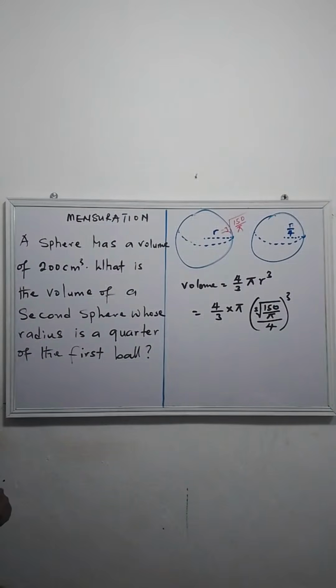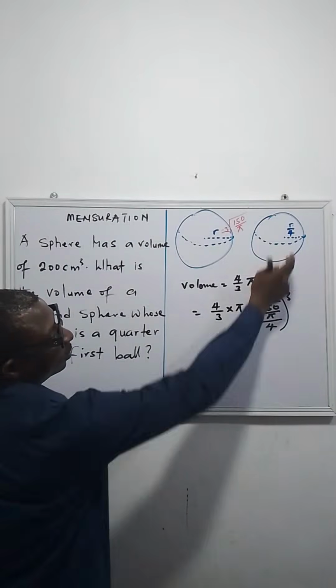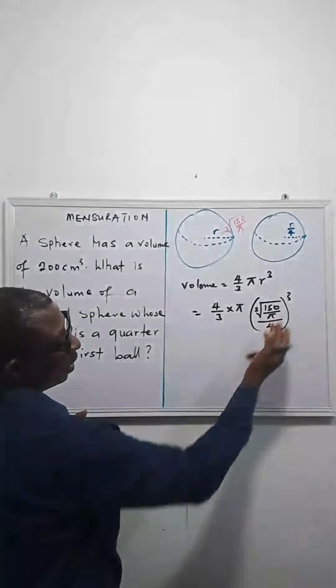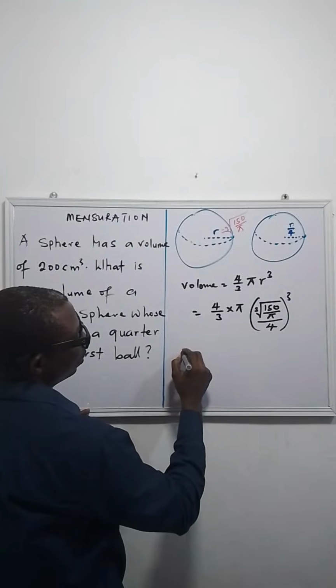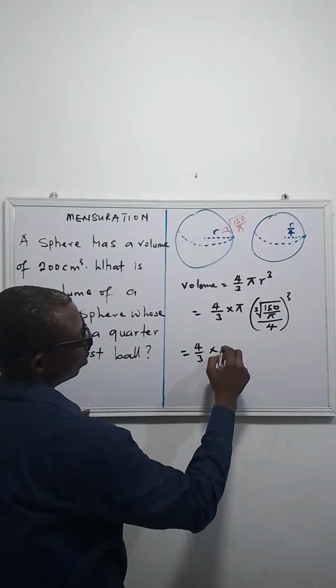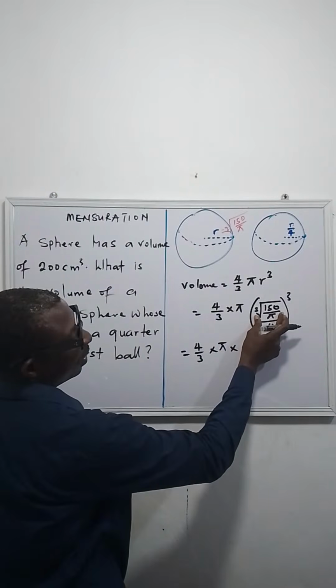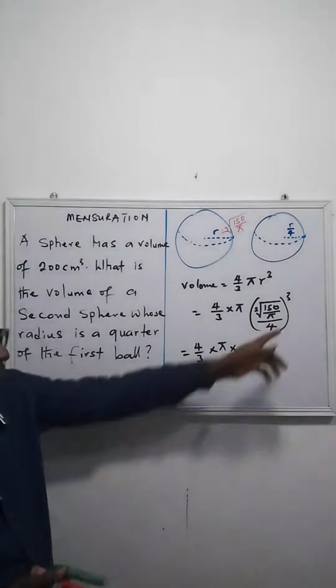I hope we all understand that. All right, because this is actually the radius of this new sphere. So now let us take the cube of this. When you do that, you have 4 over 3 times pi times, now when you find the cube root of a number, it is going to give you the number inside.